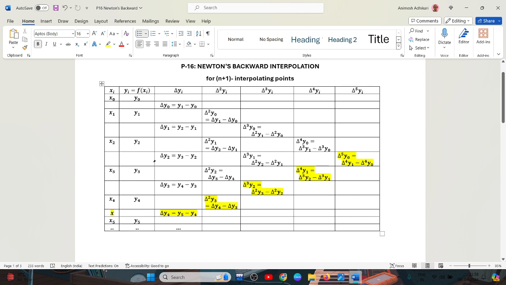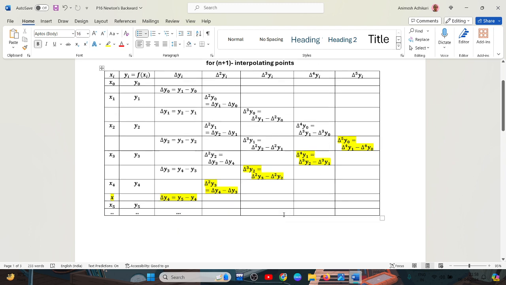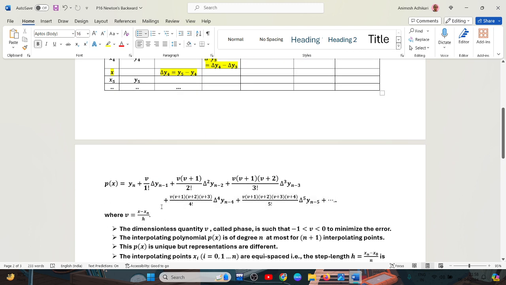This is the first order difference, second order difference, third order difference, fourth order difference, fifth order difference, and so on. Here we use delta y0 from the backward, delta 2 y3, delta 3 y2, delta 4 y1, delta 5 y0 in Newton's backward interpolation formula.